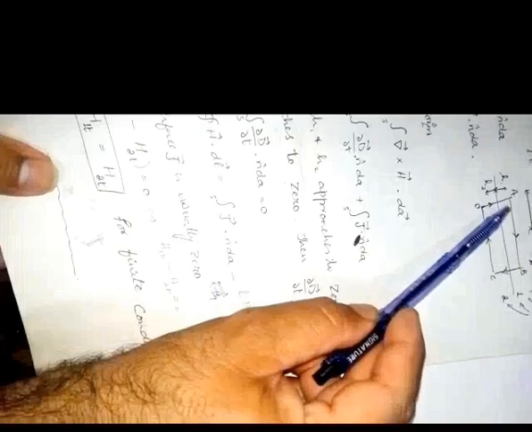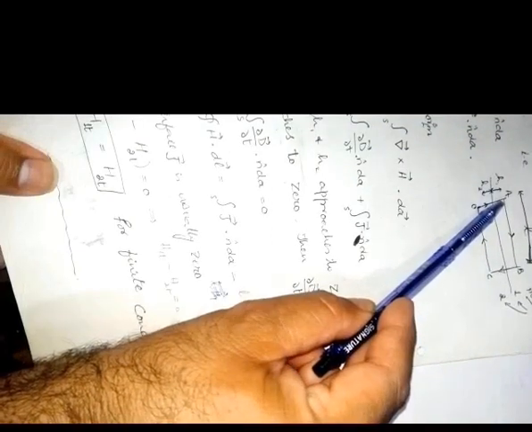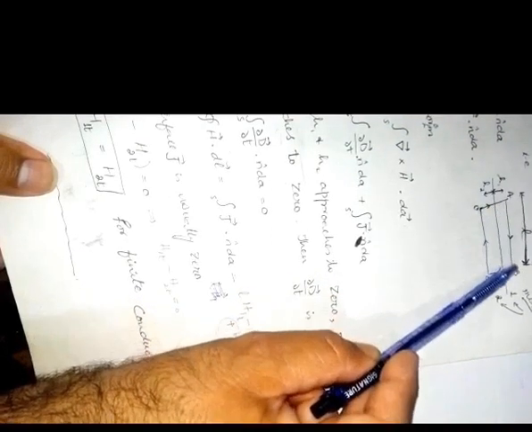So this is a line integral, so we expand this integral into one for the sides AB, BC, CD and DA as written here.